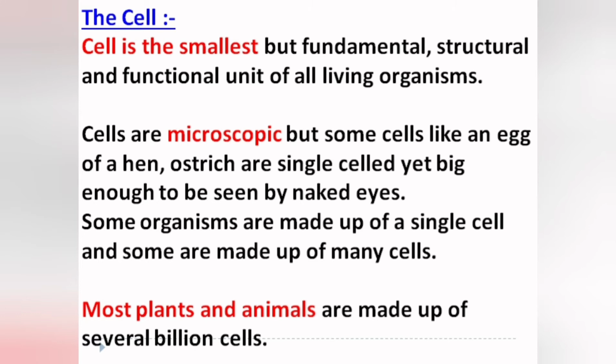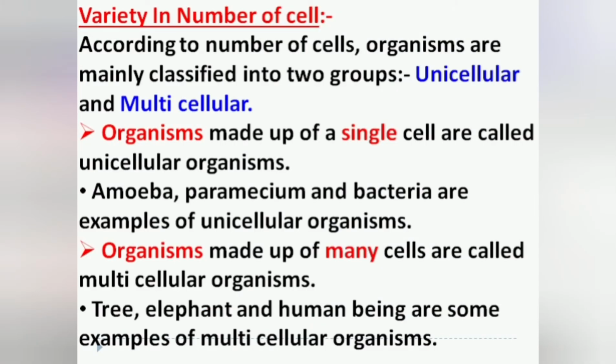Students, now we will study how organisms are classified on the basis of number of cells. According to number of cells, organisms are mainly classified into two groups, unicellular and multicellular.